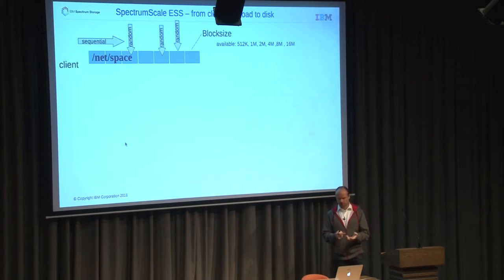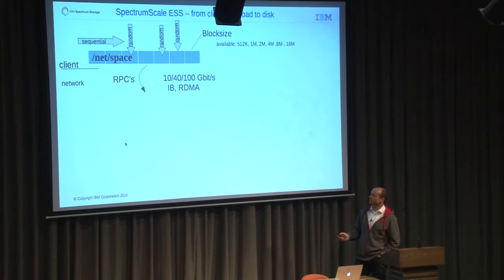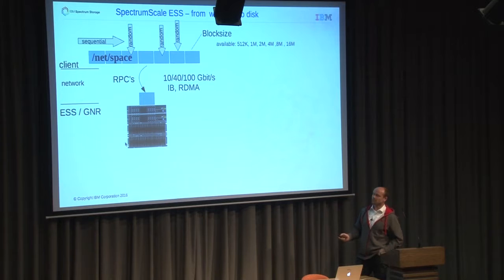You have random workloads, databases, maybe streaming workloads, and the closest to your application is the NSD client part of our code. It has various detection algorithms to predict the workload here and hands over these requests by an efficient RPC protocol to our ESS.